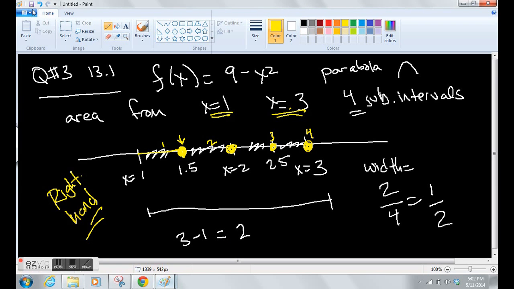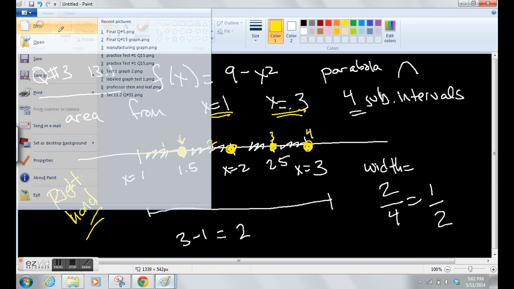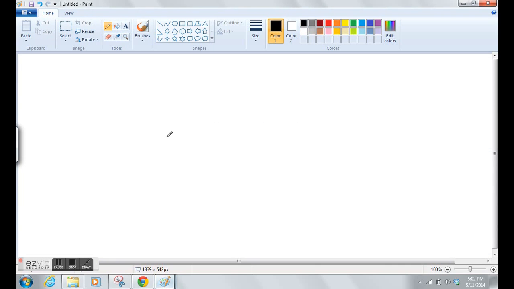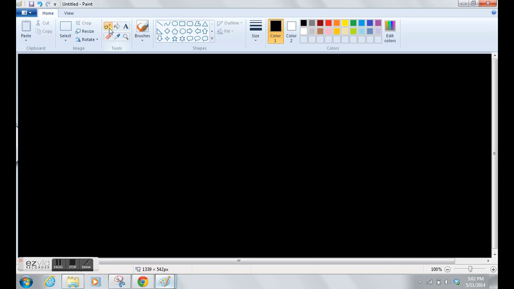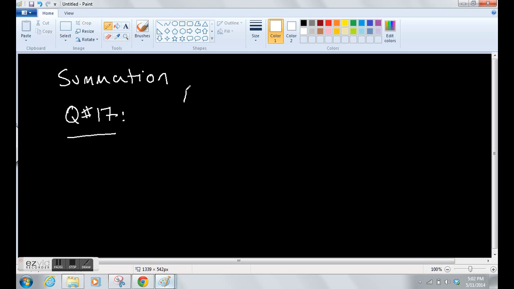All right. One other thing I want you to look at for this section. Here's summation notation. This is a final topic. Some of you saw this in statistics. So here's question number 17.